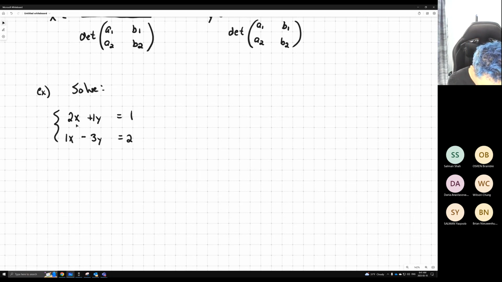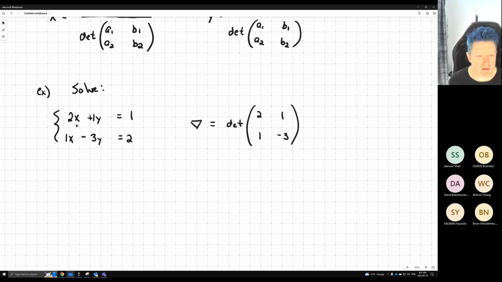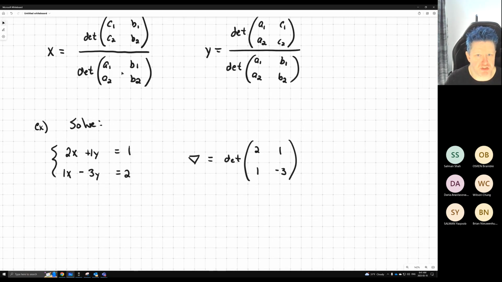So I'll write del is the determinant of 2, 1, 1, negative 3. That is my denominator for my solutions.